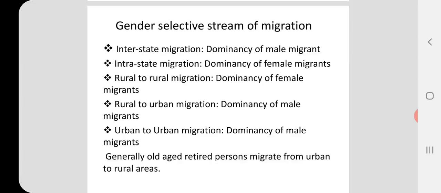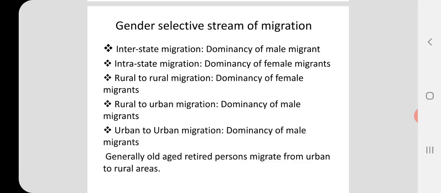And next is rural to urban migration. This stream of migration is dominated by male migrants. The main cause is employment. Male migrants go from rural to urban areas in search of jobs, employment. So, rural to urban migration is dominated by male migrants.